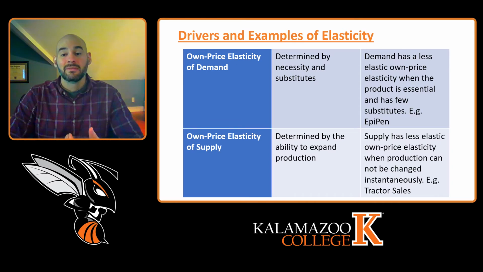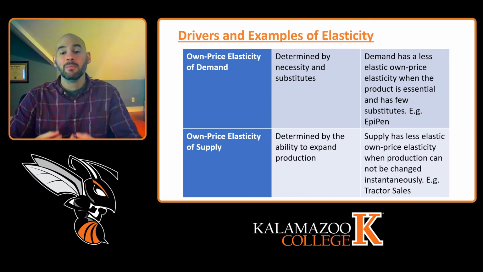So if the price that those tractor sellers are able to command for their agricultural machinery declines steeply and immediately, they are not going to be able to change how many tractors they have on stock on hand.